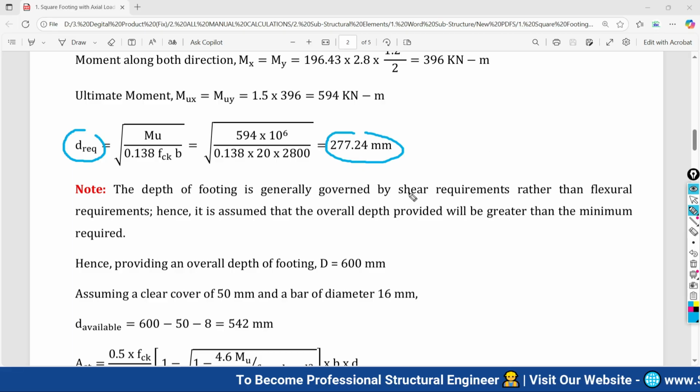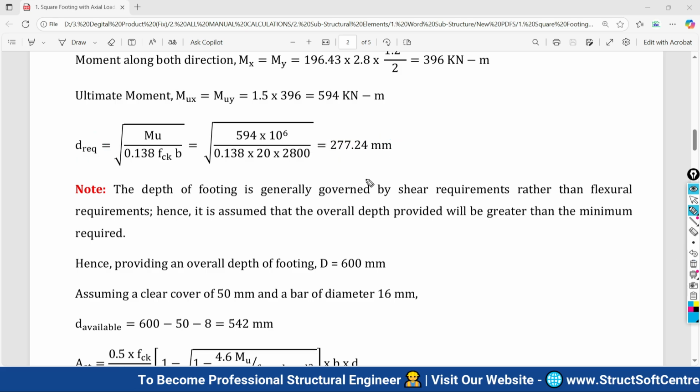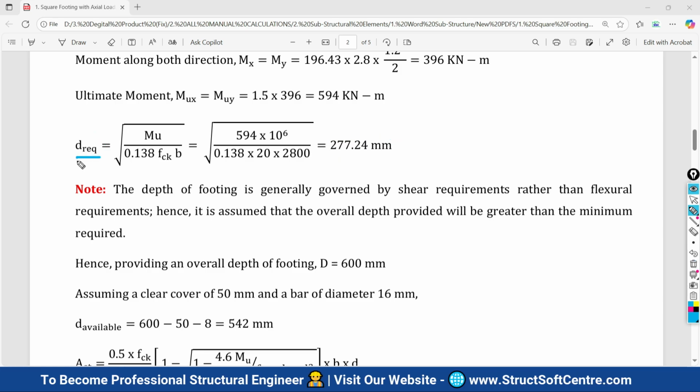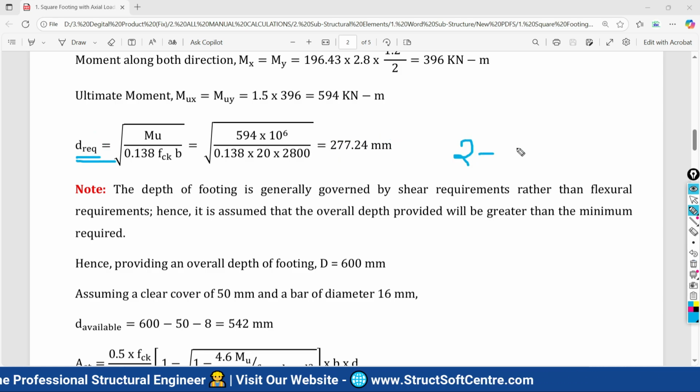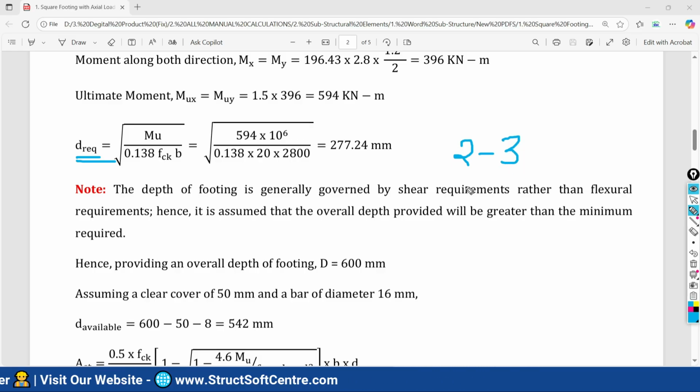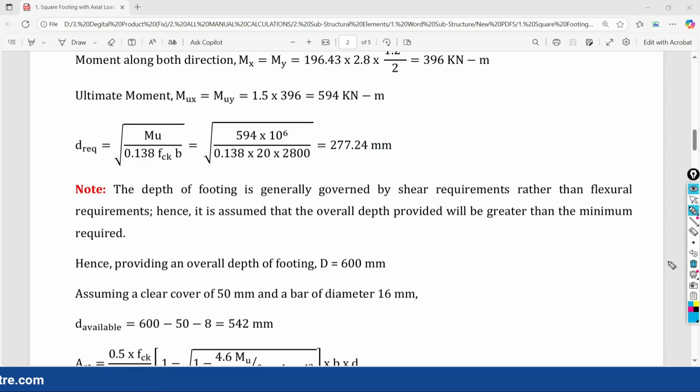And as per expert recommendation, whatever the flexural depth required, 2 to 3 times that depth is to be considered for shear. So here we are getting 277. Let's say approximately it is 300. And if you multiply it with 2, we get 600.